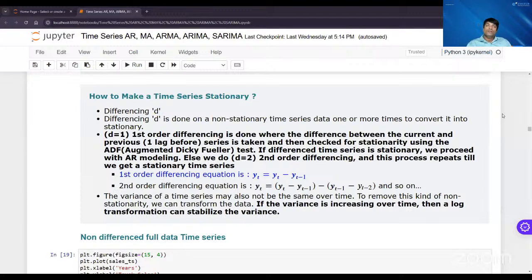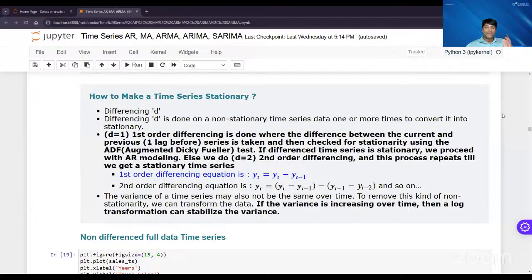Now, what exactly is lag? In very simple terms, lag refers to the time difference or interval. If you look here, we are speaking about the interval between yt and yt minus 1.